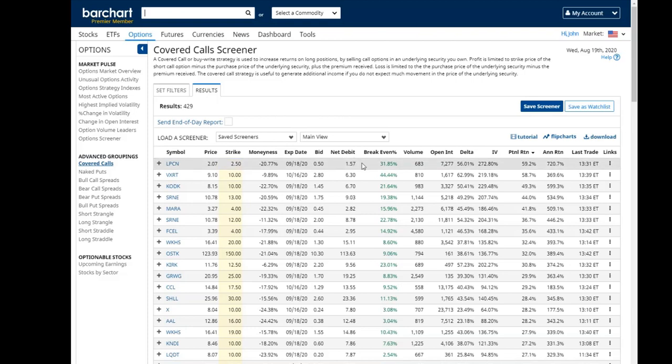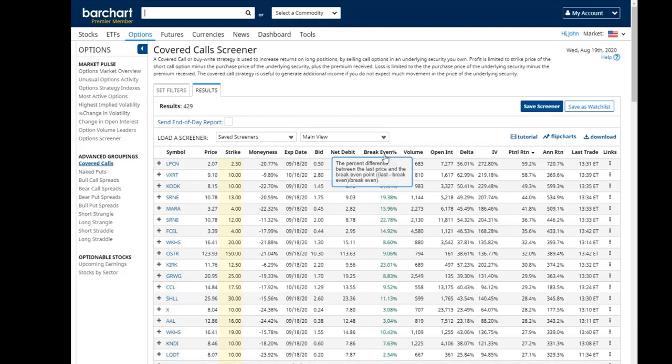We're going to use net debit to help us determine what the greater profitability is, and we're going to look at that in terms of potential profit, but also in terms of what we call our break-even scenario. When we look at our break-even percentage, there's going to be a balance, a give and take.